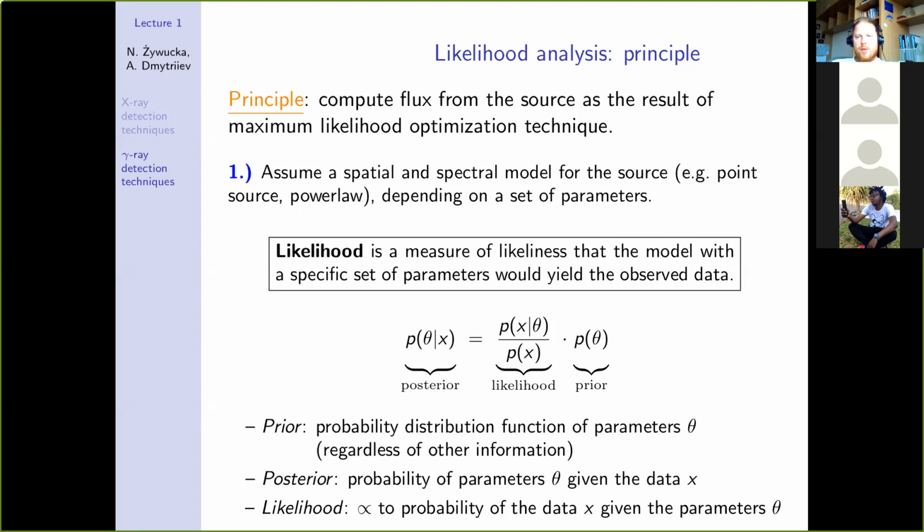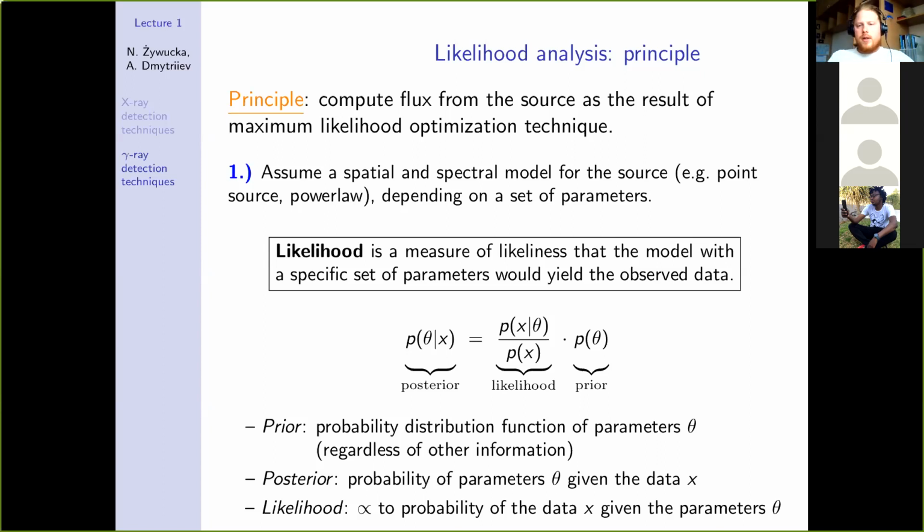So we use our best guess and we set the model, and this is our hypothesis. So we assume that the source model is some given model, and it has a set of parameters, for instance, normalization. So what is the flux at 1 TeV or at 1 GeV?